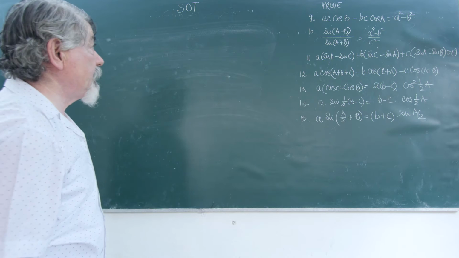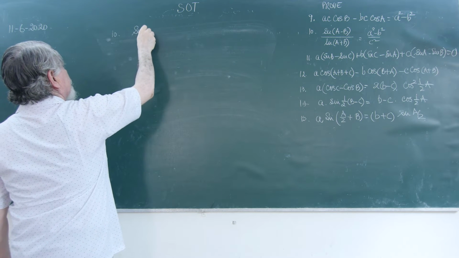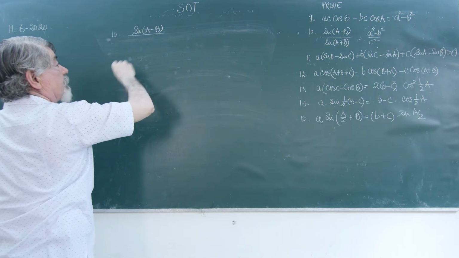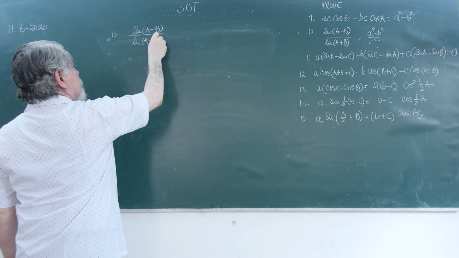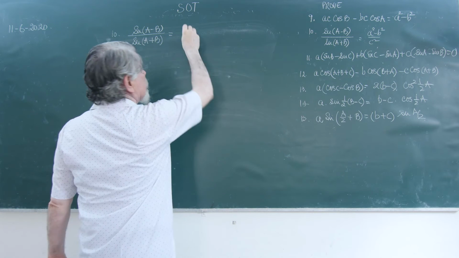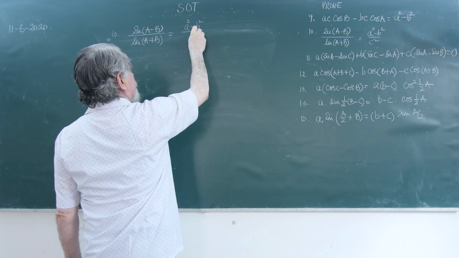In question number 10 I have sine A minus B upon sine A plus B is equal to A square minus B square upon C square.